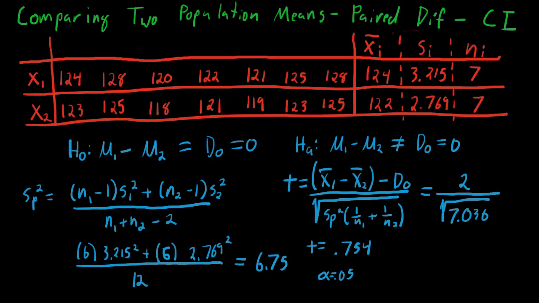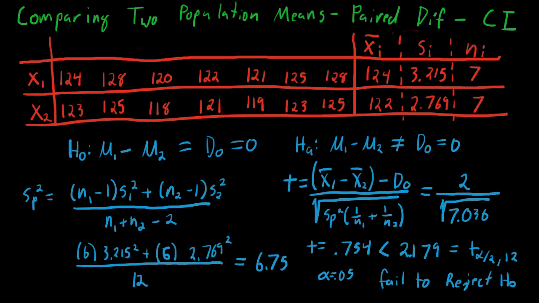So we get t of alpha over 2 is equal to 2.179 with 12 degrees of freedom. And we can see that our t value is indeed less than our t sub alpha over 2. That means we are going to fail to reject our h0, our null hypothesis.